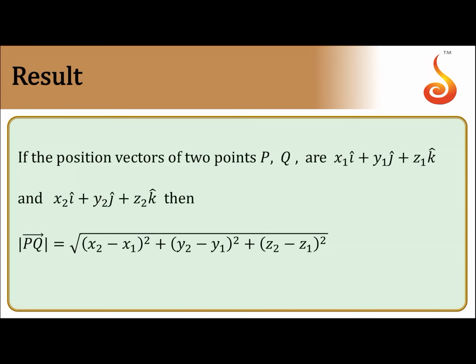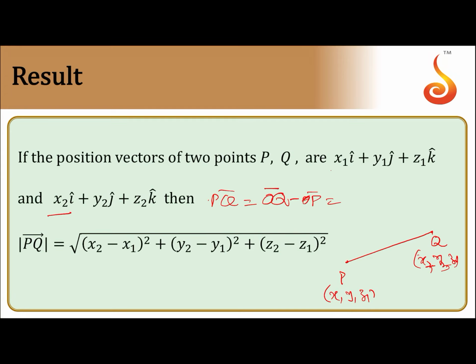Suppose this is the point P with coordinates x1, y1, z1 and this is the point Q with coordinates x2, y2, z2. Then PQ bar is the position vector of the terminal point minus the position vector of the initial point, and that is (x2 minus x1) times i.